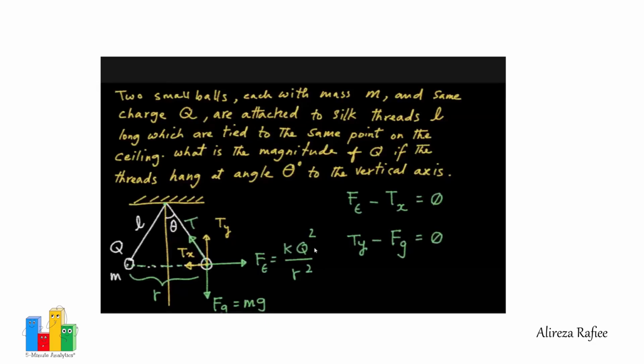So this equation would be 0. So we will have two equations to solve together, knowing that T sub x and T sub y are connected to the value of the tension inside the thread through this angle theta. So you can see that if this angle is theta, then this angle is theta, and so T sub y simply would be the magnitude of the tension inside the thread times cosine of theta, and T sub x would be T sine of theta.